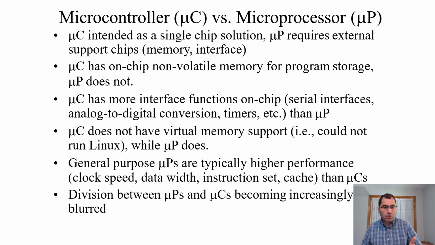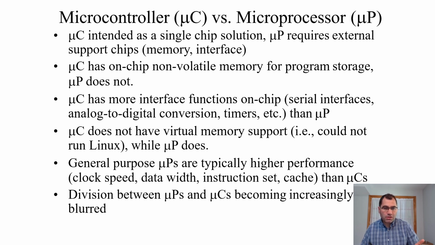A microcontroller has on-chip non-volatile memory for program storage, and a microprocessor does not. So you have to have additional RAM beside your microprocessor, but in a microcontroller you have that on chip.